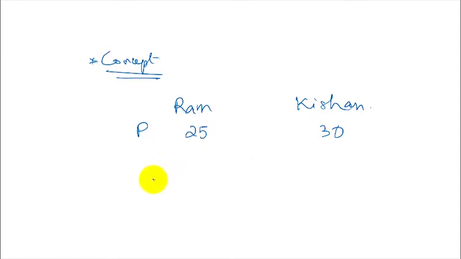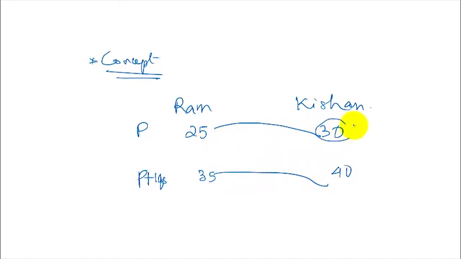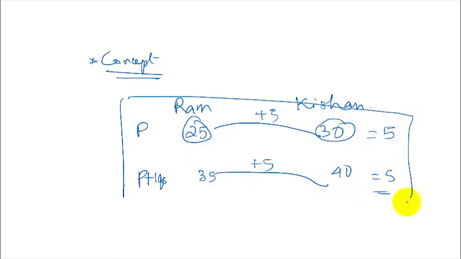Suppose 10 years later, after 10 years, their ages would be 35 and 40. Now if you see, the difference between the ages will always remain constant. 30 minus 25 would give you 5, that would be plus 10, and this would be plus 10. 40 minus 35 would be 5. So this is your concept.